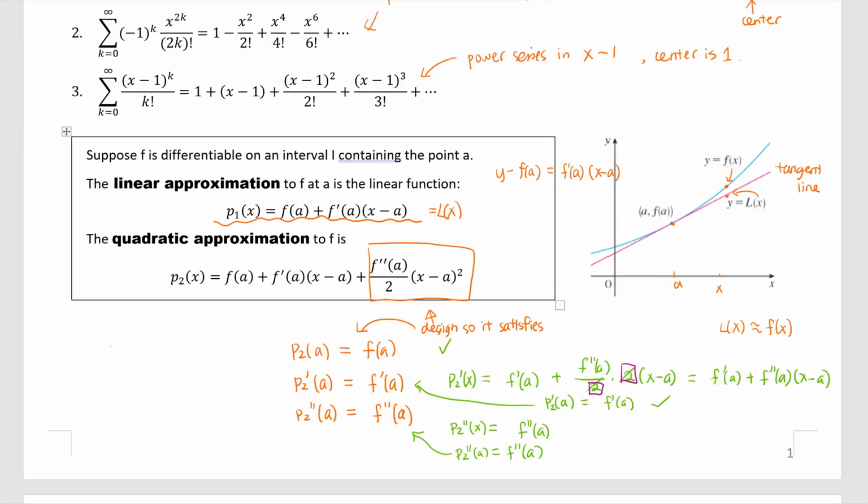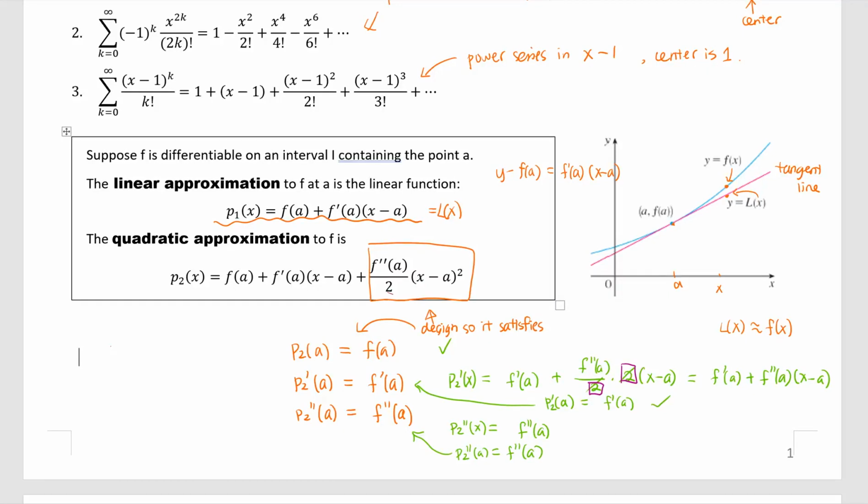So that's why the new term is the second derivative over 2, and because it's quadratic, we have the quadratic factor x minus a squared. So this is the quadratic approximation.